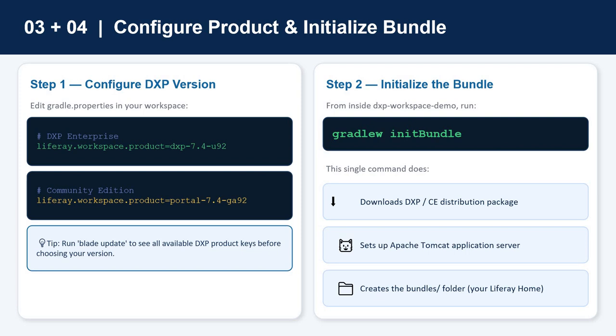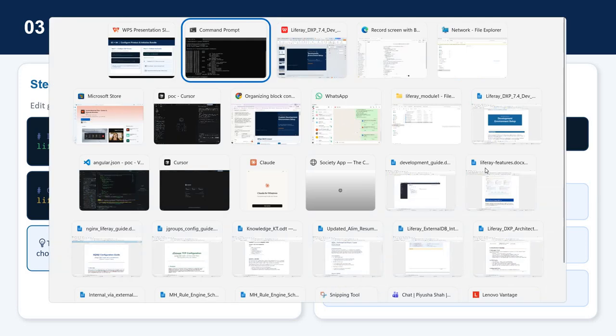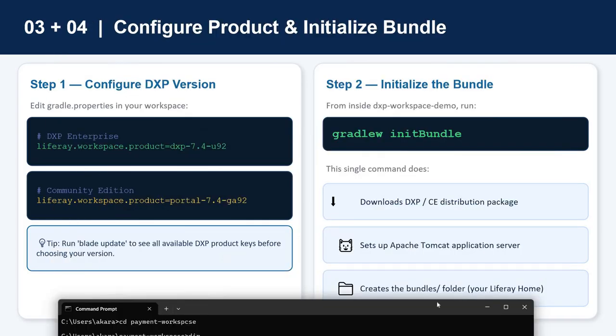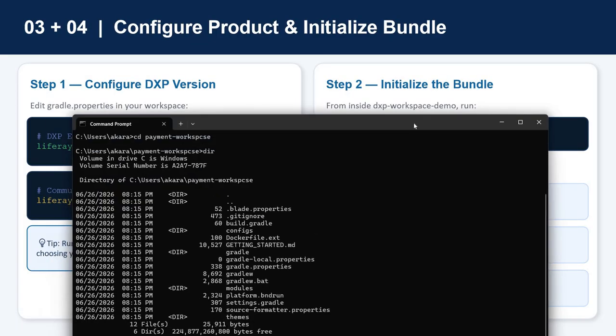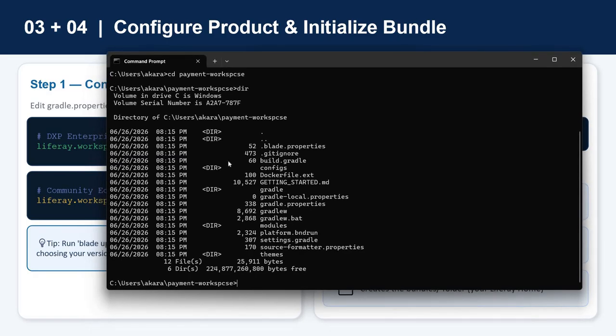Let me show you which file we are talking about, otherwise you will get confused. So guys, in this slide we are talking about the gradle.properties file. See, gradle.properties. Let me open it in edit mode.